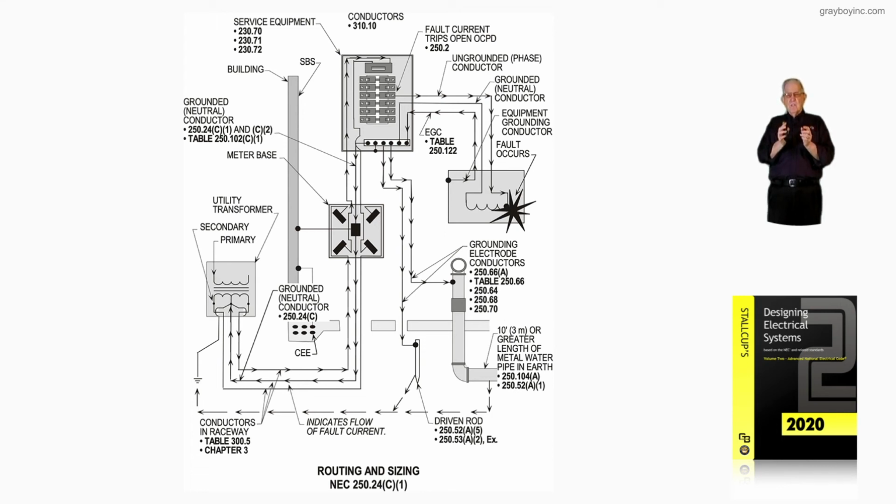And what this illustration is now showing is routing and sizing in accordance with 250.24(C)(1) and (C)(2), as well as Table 250.102(C)(1) for supply side grounding and bonding, and Table 250.122 for load side.